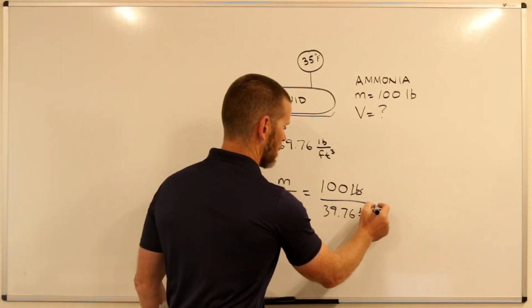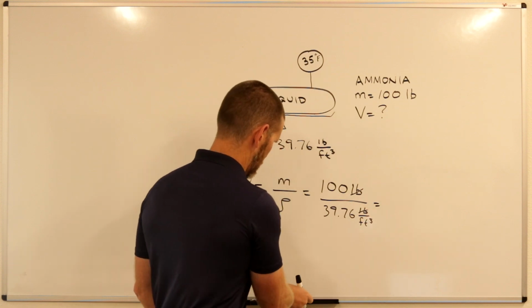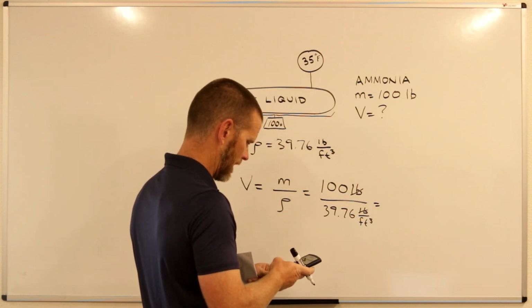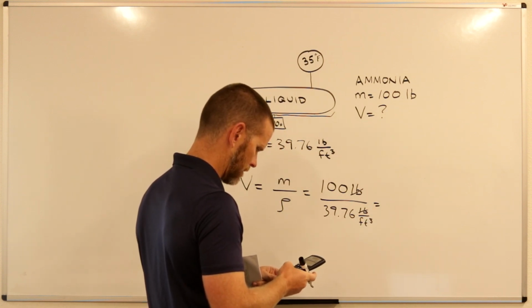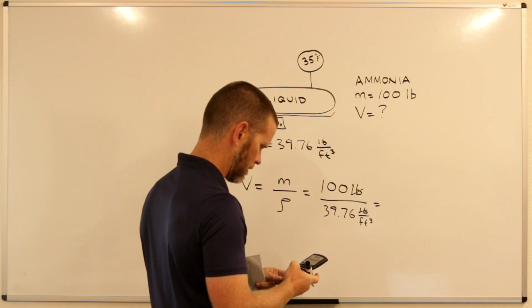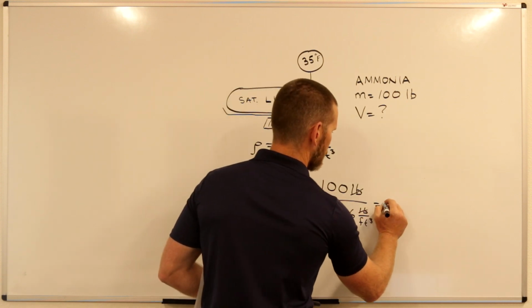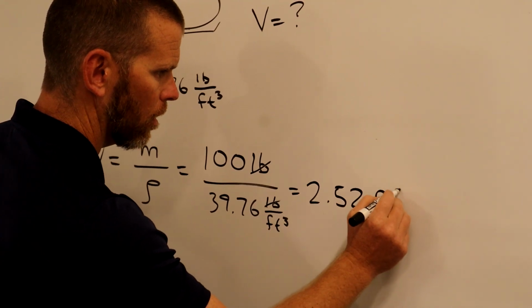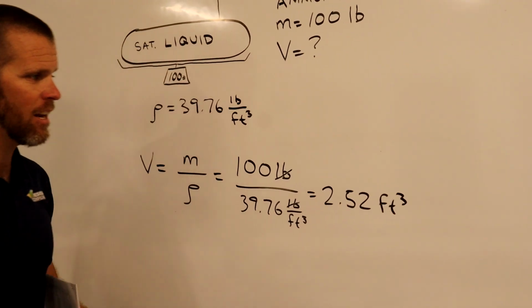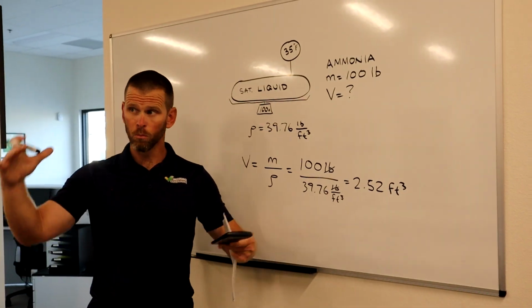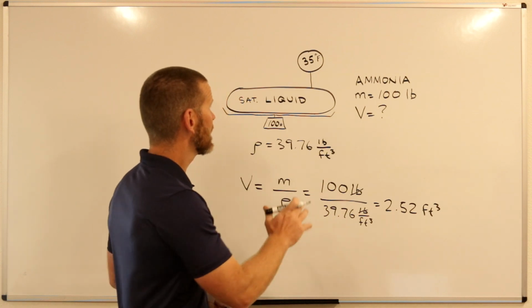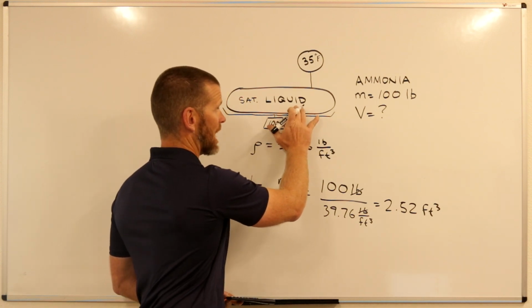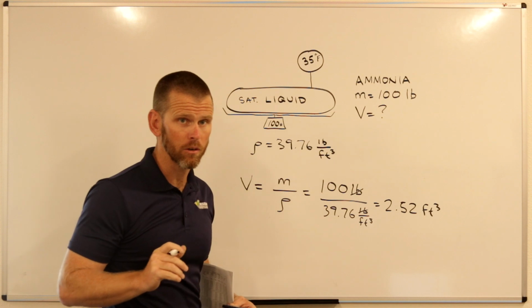It'll actually move back to the top, and we learn by using our calculator that the answer is 2.52 cubic feet. So we need a container with a volume of 2.52 cubic feet to hold 100 pounds of saturated liquid ammonia at 35 degrees Fahrenheit.